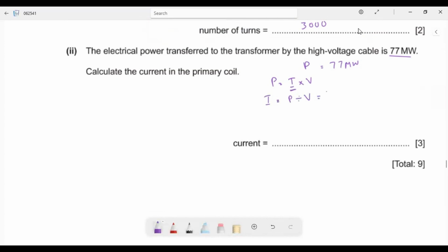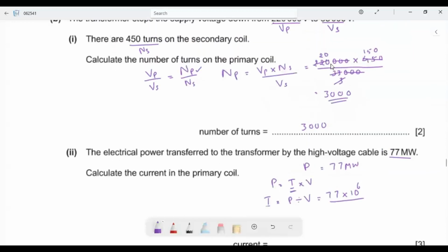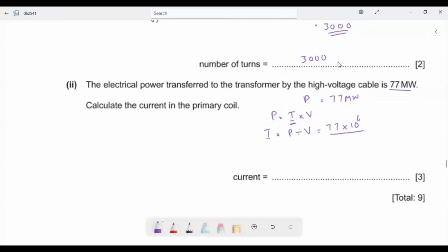So power here is 77 megawatt. Mega means into 10 raised to 6, by voltage in the primary. These are all primary voltages and current. So the primary voltage is 2,20,000.